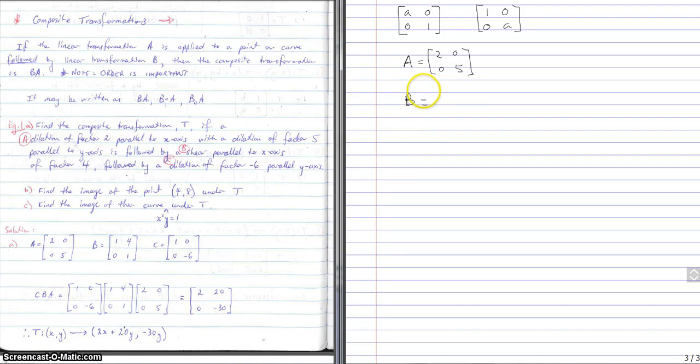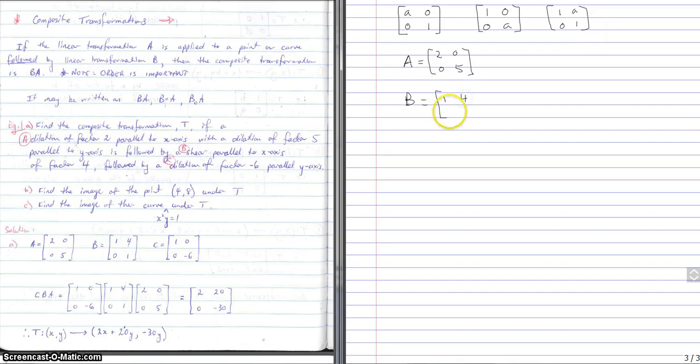For B, we've got a shear parallel to the x-axis, and on your information sheet that's given as 1, A, 0, 1. So that's a shear parallel to the x-axis, and in this case it's a factor 4.